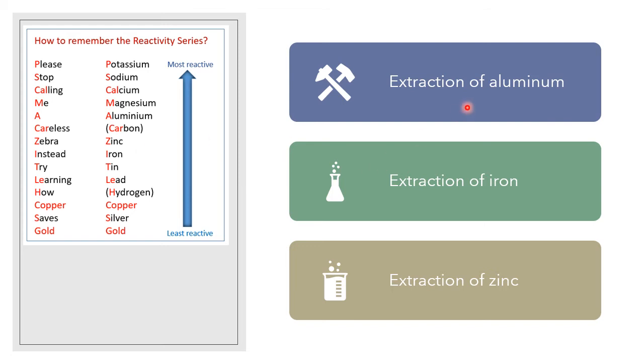So, kat sini extraction of aluminium. Where is aluminium? So aluminium is above carbon. Therefore, aluminium will be extracted using electrolysis process. Iron and zinc is located below carbon. Therefore, iron and zinc will be extracted using reduction by carbon method.